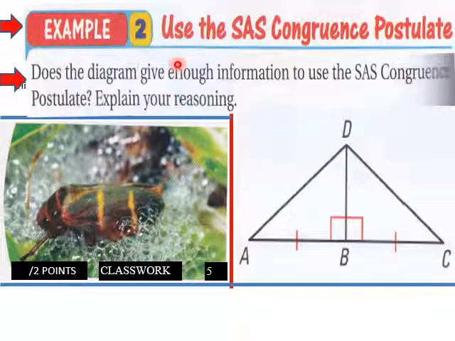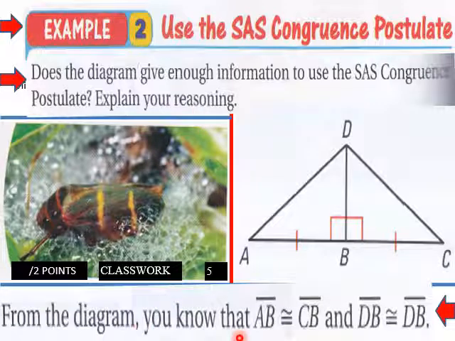Okay, example 2, use SAS congruence postulate. Does the diagram give enough information to use SAS? Explain your reasoning. From the diagram, you know AB is congruent to CB, and DB is congruent to DB. You can use the reflexive property.